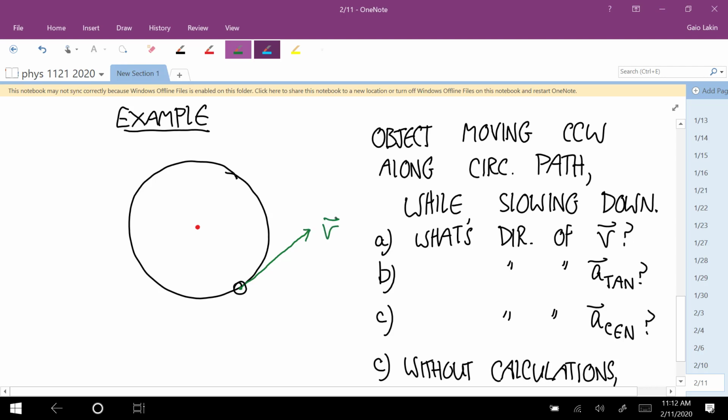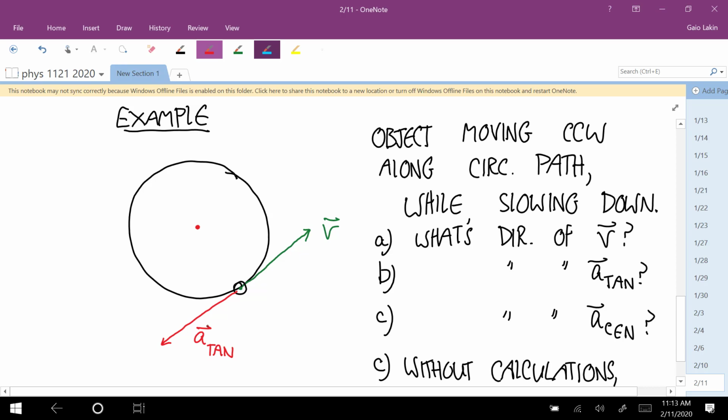Okay, this is just the stuff that we did in lab last week, except now we have new names for the parallel and perpendicular parts of the acceleration. It's slowing down. So is the tangential acceleration the same direction as velocity or opposite? Opposite. So there's the tangential acceleration.